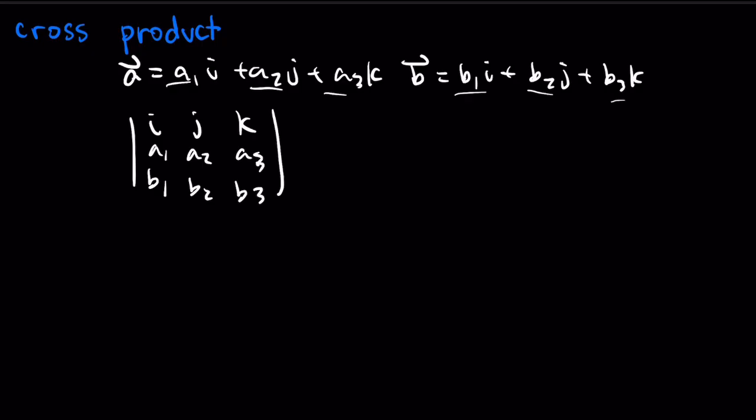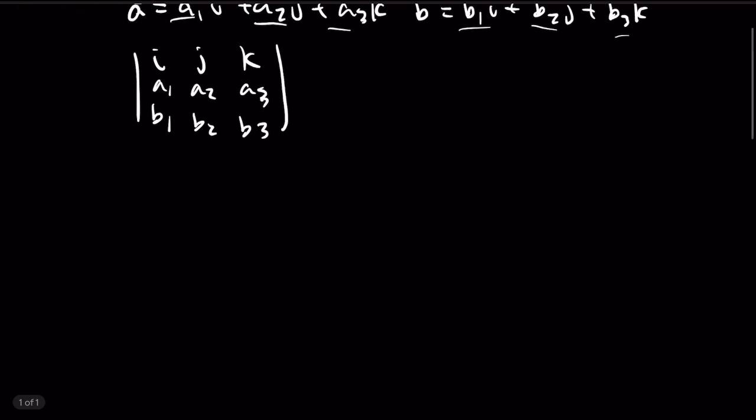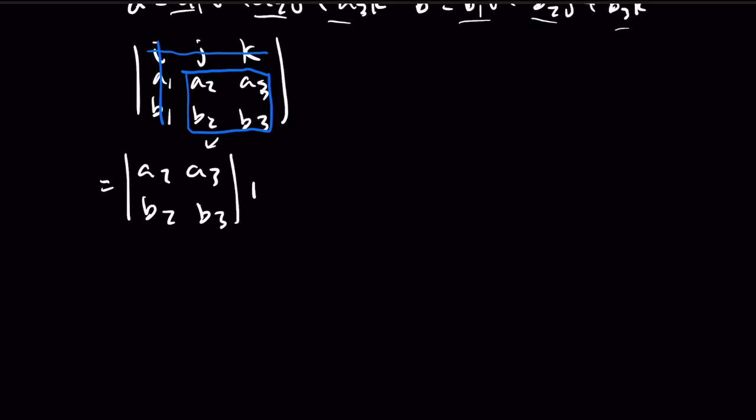And now we need to turn this 3 by 3 matrix into a bunch of 2 by 2 matrices. And the way we do that is first, let's look at the case for i. We cross out the row and column for i, and we take these four numbers and form a 2 by 2 matrix with that. Taking these four numbers and putting them in here will give us a2, b2, a3, b3, and this will be multiplied by i.